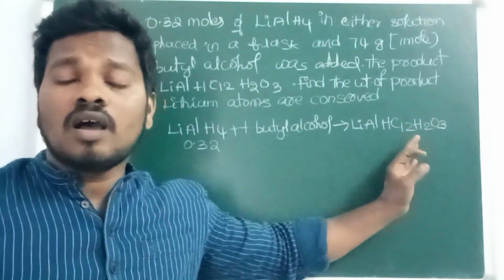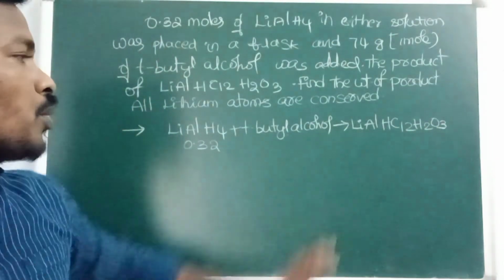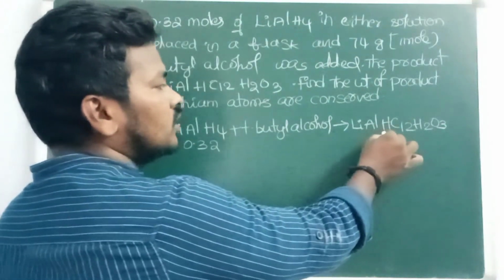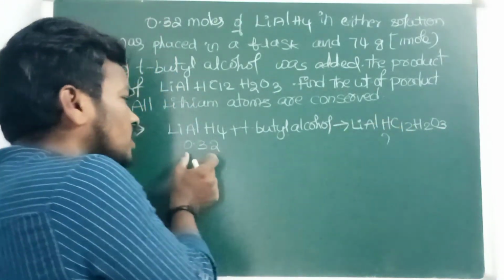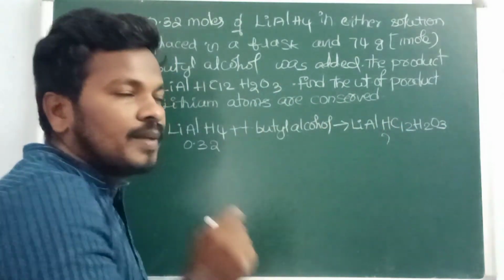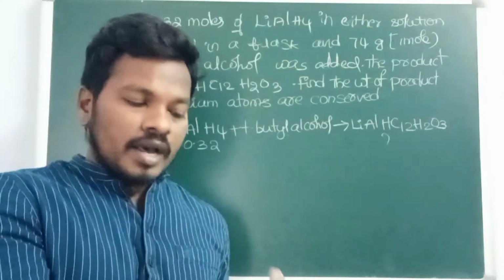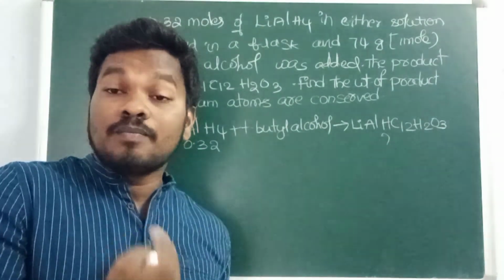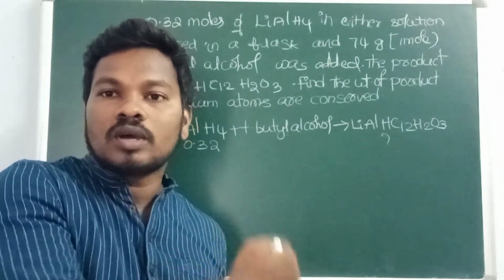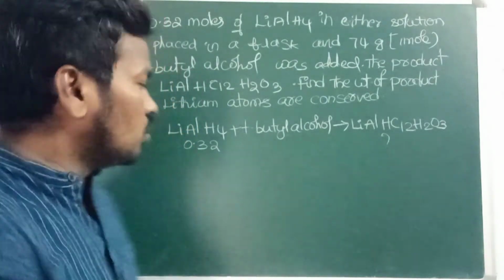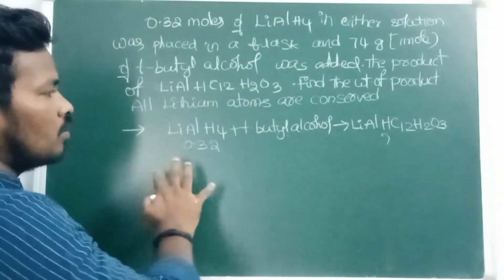They are asking what is the mass of the product. Before that, in one numerical they had given the mass and we found the product mass, but here they have given the reactant moles and are asking about the product mass. So apply POAC on the lithium on both sides.